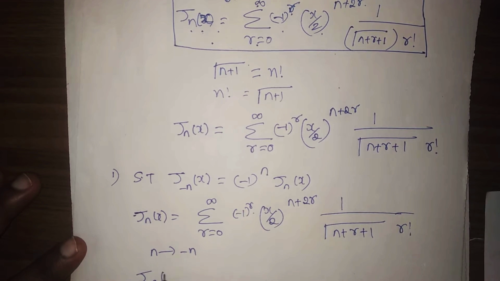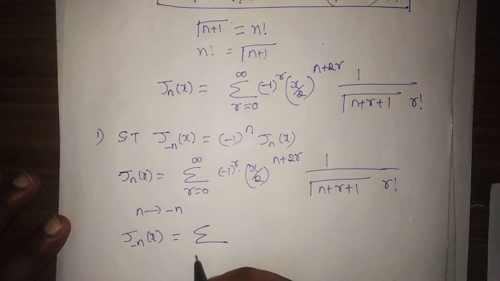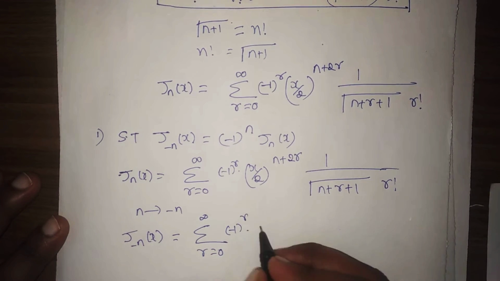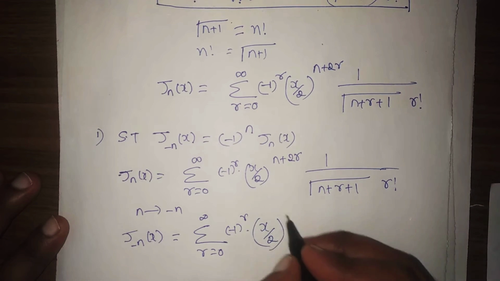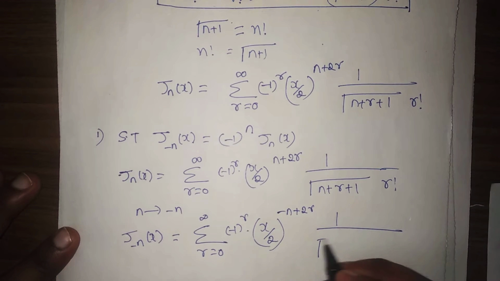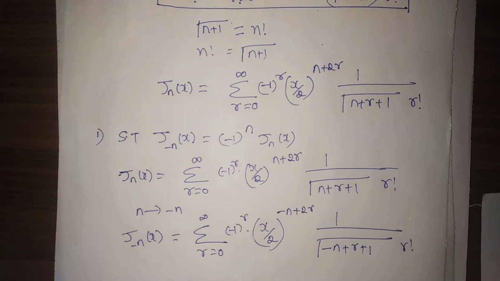J of minus n of x. What do you get? Summation r varies from 0 to infinity, minus 1 to the power of r, x by 2 into minus n plus 2r, 1 divided by gamma of minus n plus r plus 1 into r factorial.